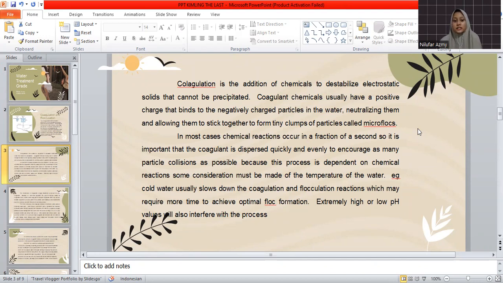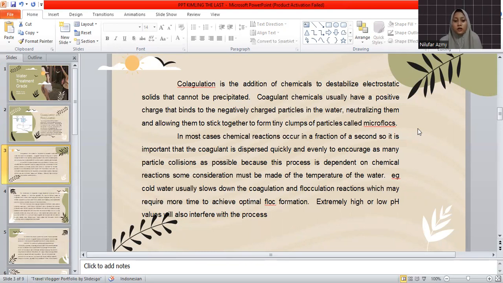In most cases, chemical reactions occur in a fraction of a second, so it is important that the coagulant is dispersed quickly and evenly to encourage as many particle collisions as possible, because this process is dependent on chemical reaction.